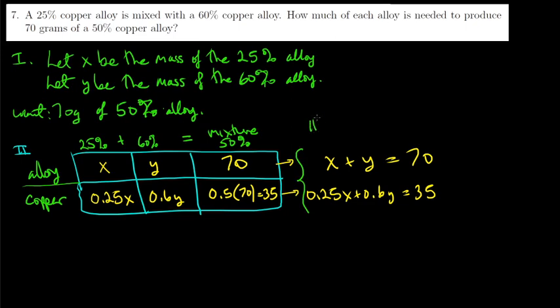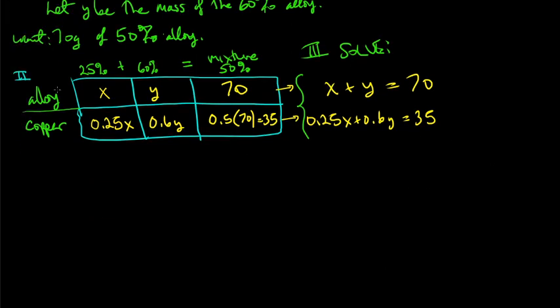So step 3, we have to solve this system. And again, you can use any method you want. If you want to use substitution, go right ahead. But I'm going to do the traditional elimination method, or addition method. The first equation doesn't have any decimals, so we can leave that one alone.